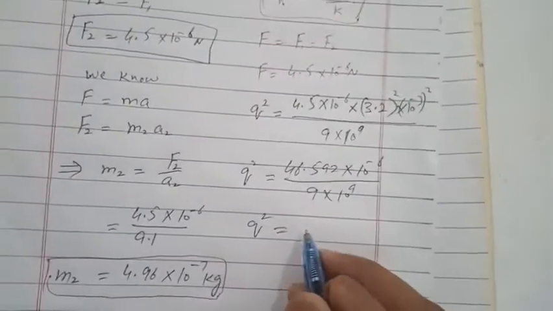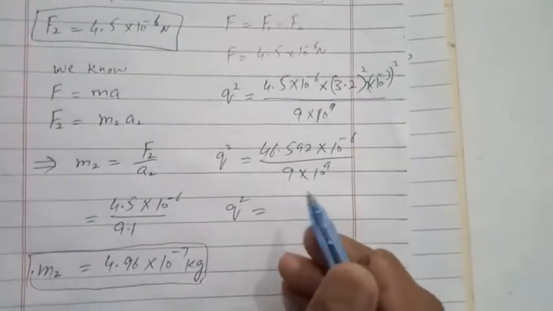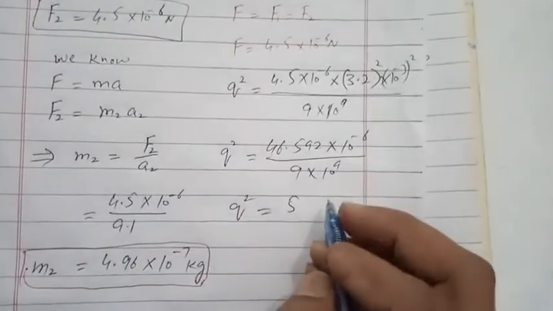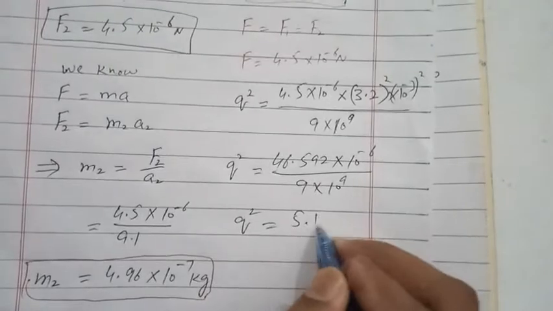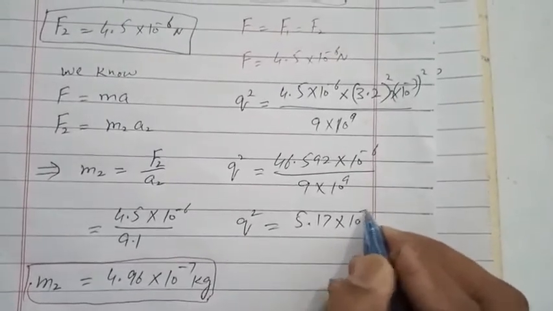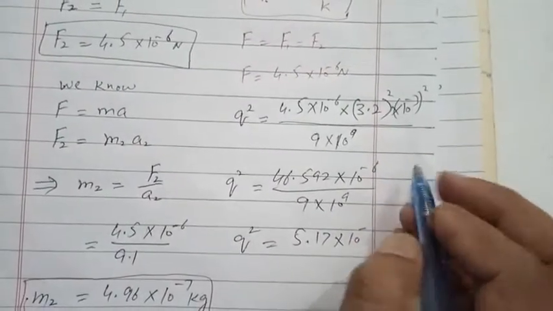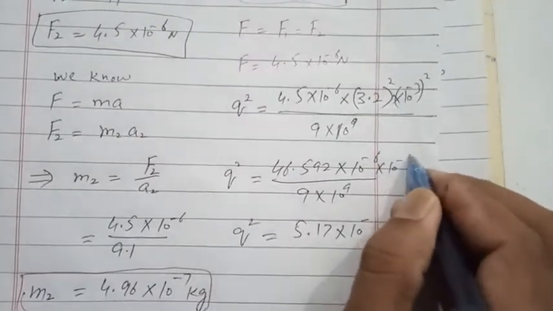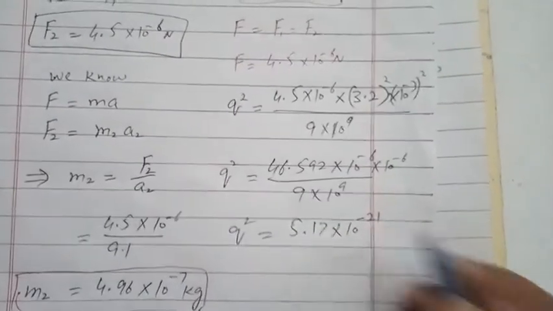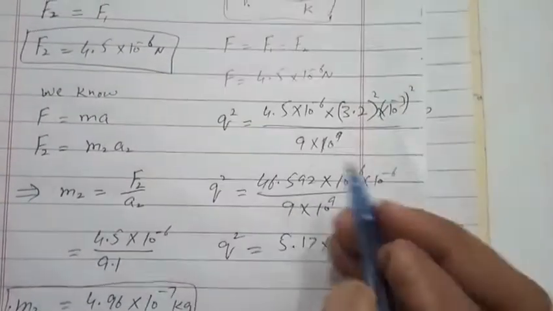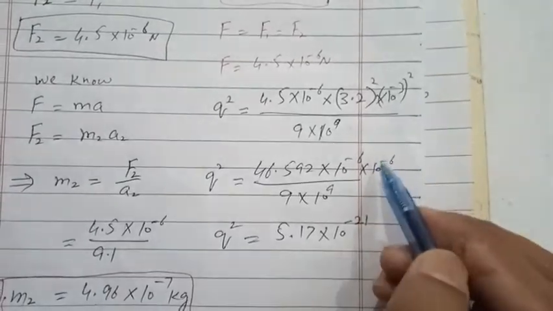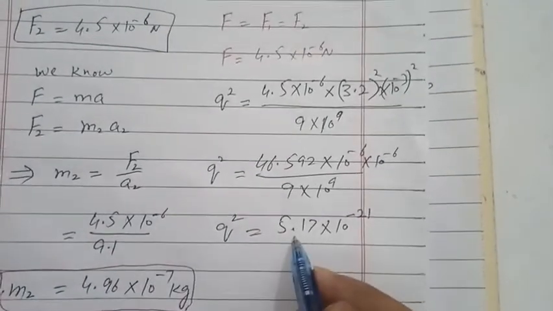Q square is equal to, after calculations, this answer comes out to be 5.17 into 10 to minus 21. The 10 to minus 6 term and 10 to minus 3 square becomes 10 to minus 6.